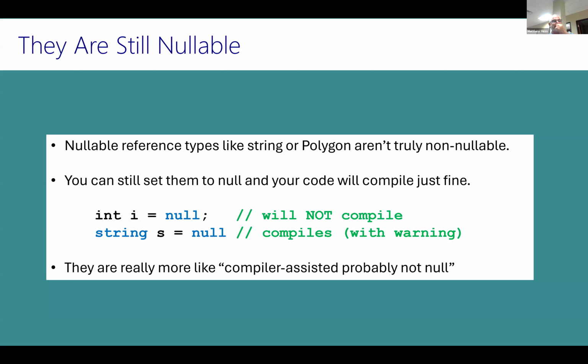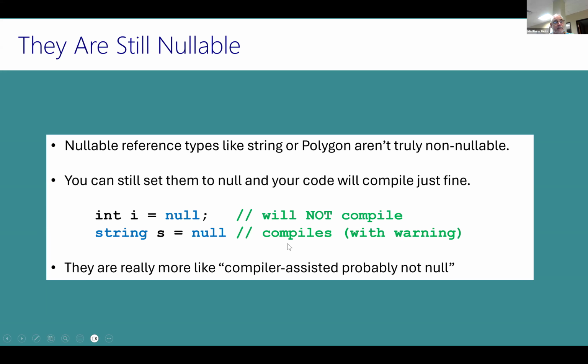So the first one that constantly comes up is, but they're still nullable. So a nullable reference type like string or polygon, they're not truly nullable. You can still set them to null and your code will compile. So if you wrote int i equals null, it ain't going to compile. It's just not legal. But if you said string s equals null, this compiles.